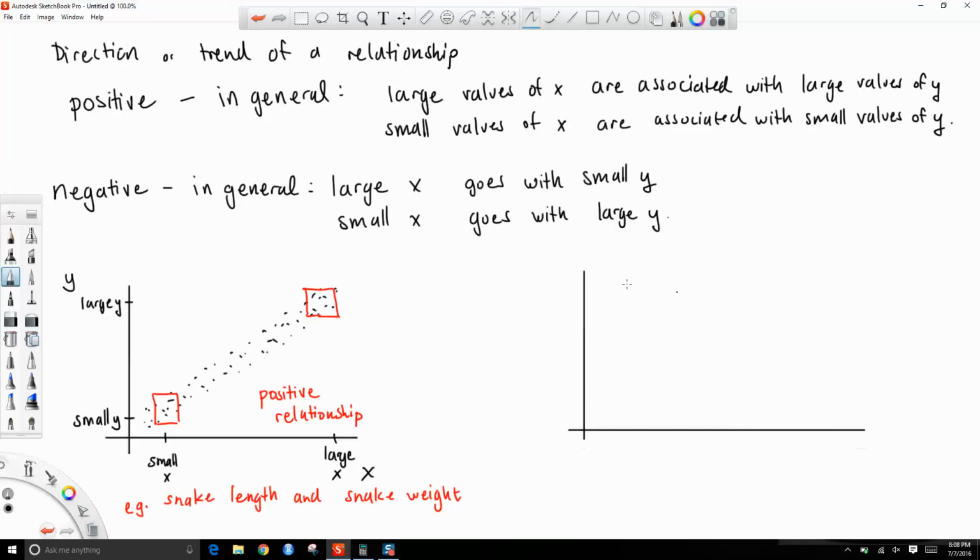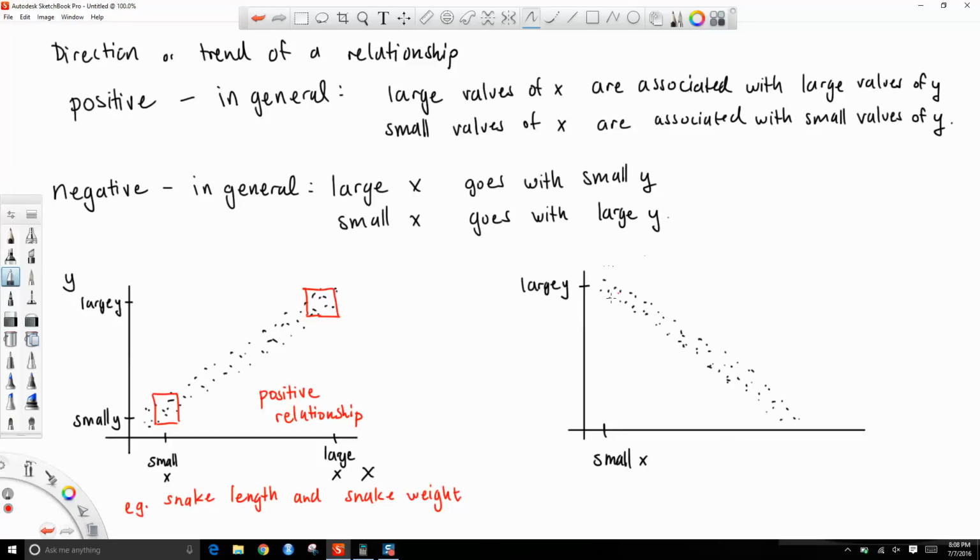And so if that is a positive relationship, then over here we have a negative relationship. Okay. So again, we have small x, but if we look at where small x goes, it goes with the large y.